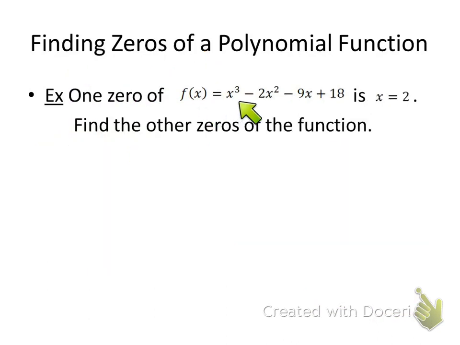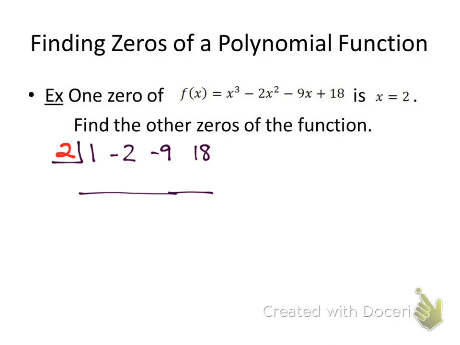We're going to find the other zeros of this polynomial, knowing that 2 is one of the zeros. So it's written in a different format. If I know that 2 is a 0, I'm going to set up synthetic division with 2 in the box.